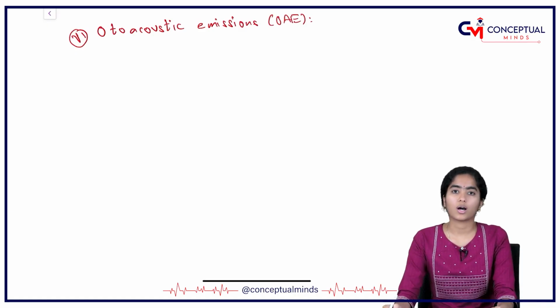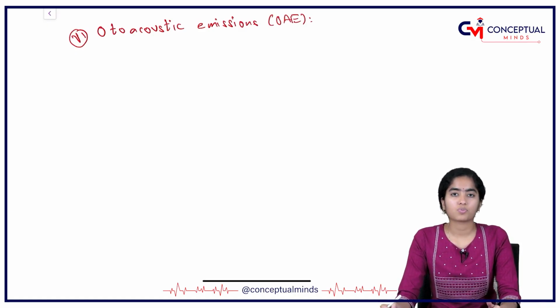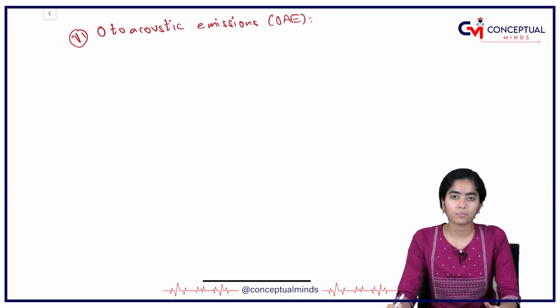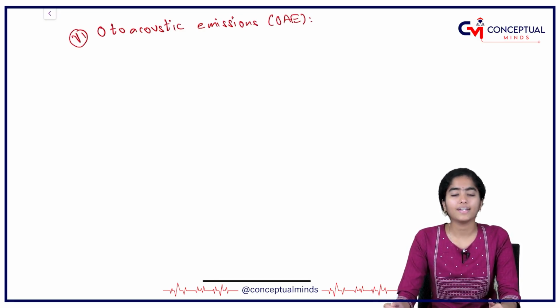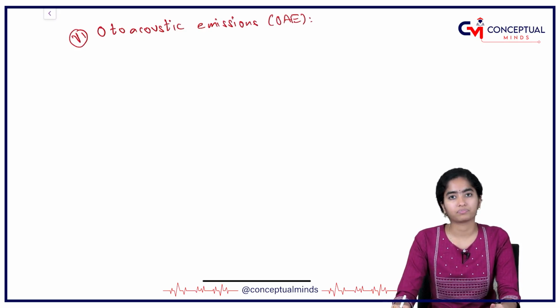OAE is otoacoustic emissions. Now we all know that the sound that is produced in the external environment travels via the external ear, middle ear, finally into the inner ear, and it is perceived in the cochlea, to be precise in the hair cells of cochlea by some electrical changes that occur.